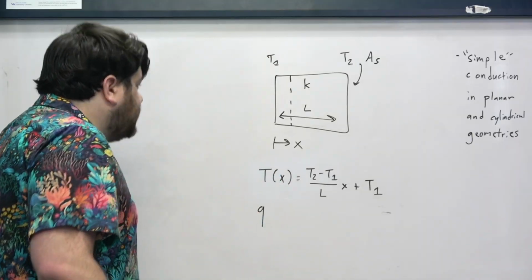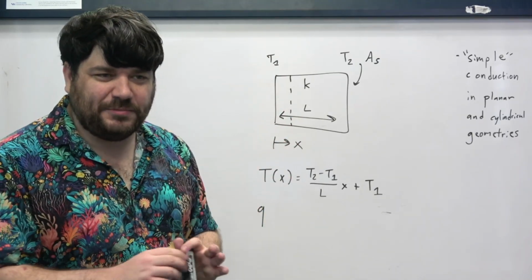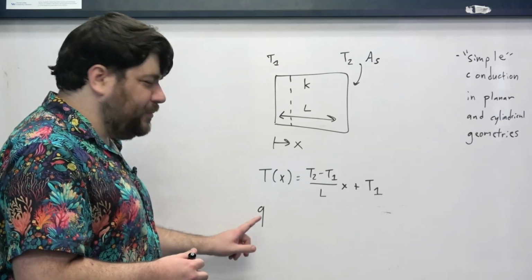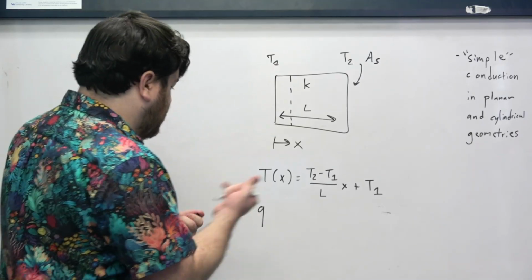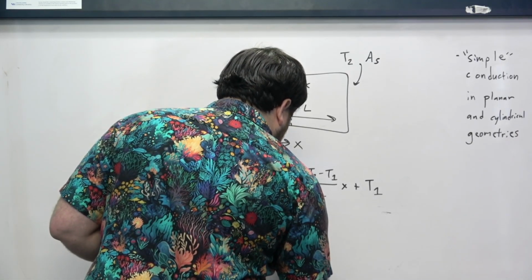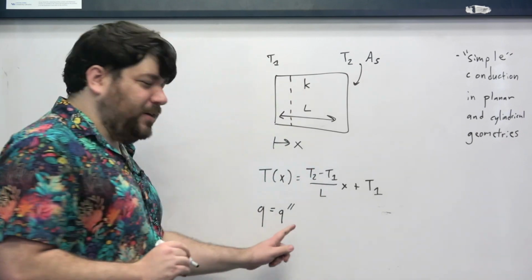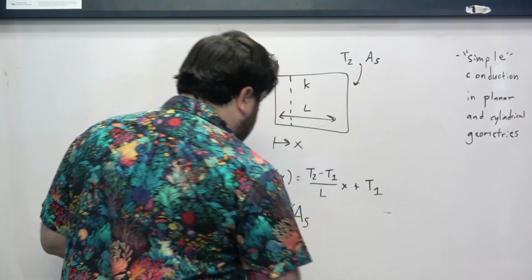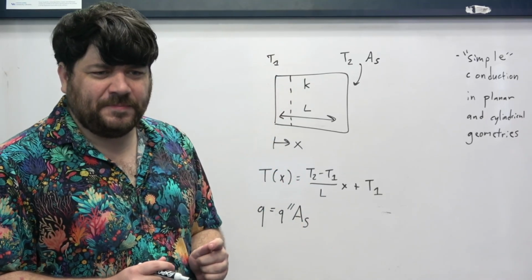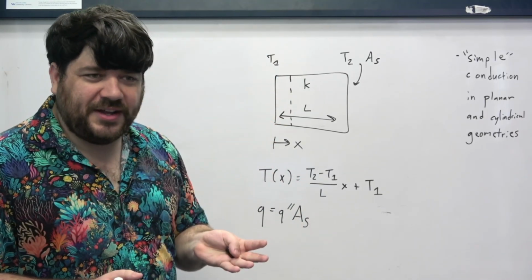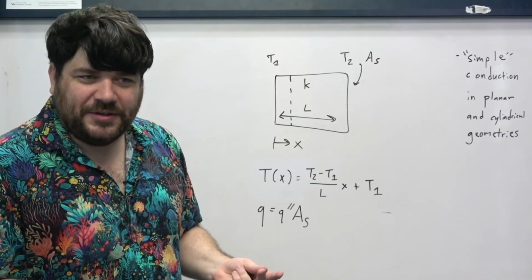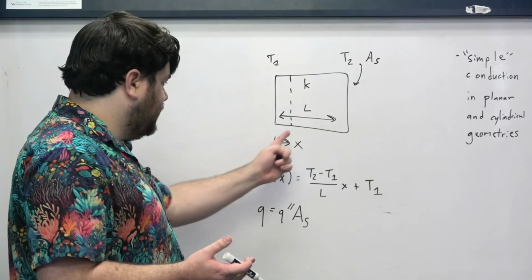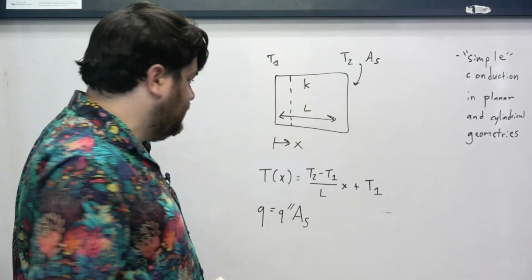The reason that we have to make this little cut assumption is because we want to be able to write the heat transfer rate as the product of the heat flux times the cross-sectional surface area, all right? Now we're going to take an arbitrary cut. It actually doesn't necessarily matter where the cut is, so we can just assume that it's here. We'll show that it won't matter.